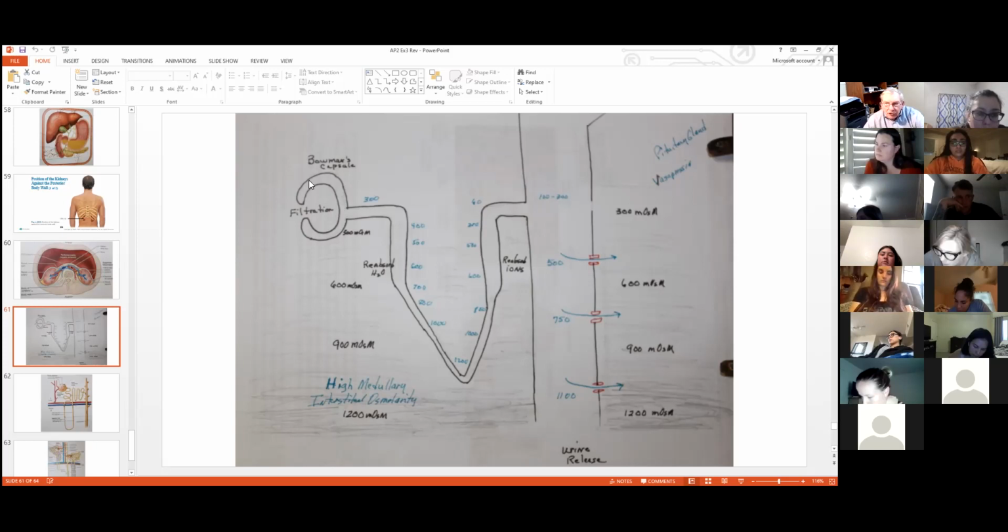Now, filtration occurs here in this first area right here. This is where you have the reabsorption of fluids. The predominant thing is reabsorption of fluids. This is the loop of Henle. Just don't worry about putting anything in about what goes on here yet, because we'll deal with that next test cycle.